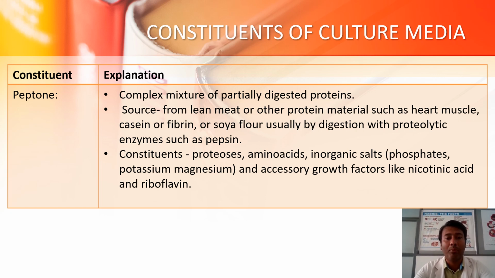And how do you obtain peptone from these substances? Usually it is done by digestion with proteolytic enzymes like pepsin. So peptone consists of smaller units like proteases, amino acids, inorganic salts like phosphates, potassium, magnesium, and accessory growth factors like nicotinic acid and riboflavin.